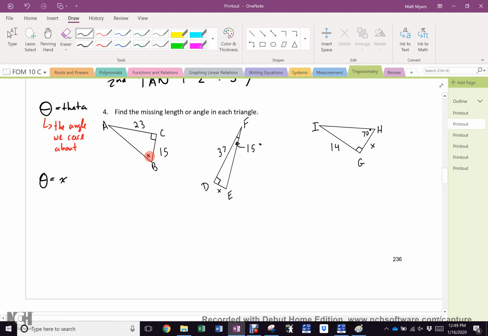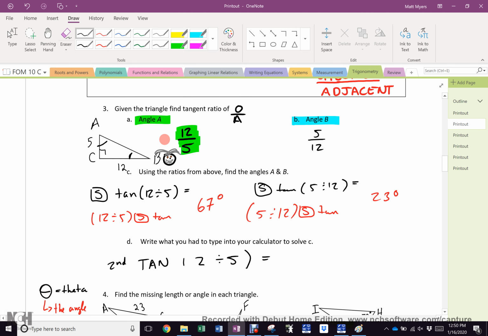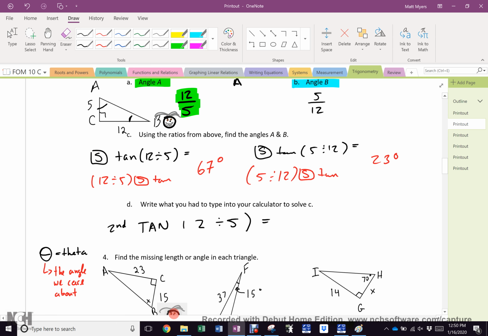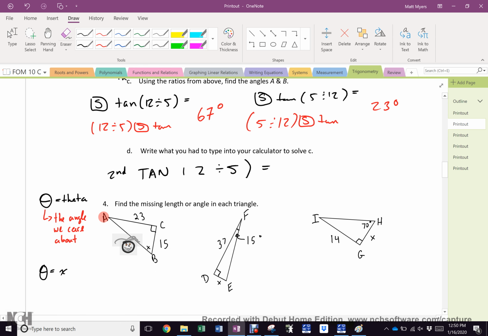Once I've established that this is the angle I care about, where should I go in that triangle? Should I go there, there, or there? I should be at the angle I care about, shouldn't I? Once I am there, that means, what is that? Opposite, adjacent, or hypotenuse?